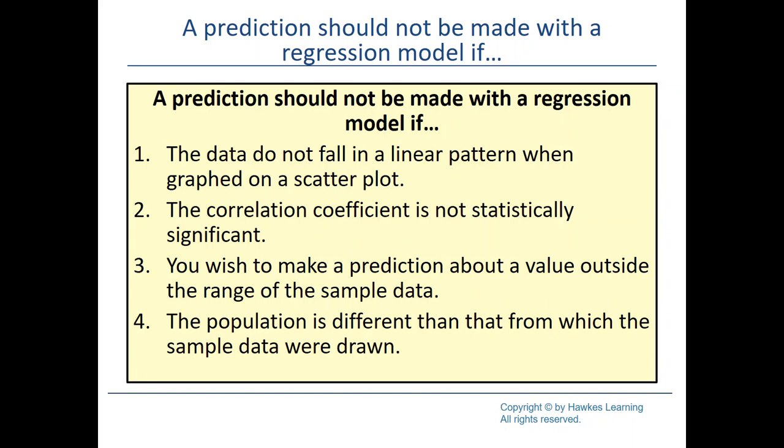If it is not statistically significant, then there's basically no model to begin with. 3, you wish to make a prediction about a value that's outside the range of our sample data. I cannot use that model to predict anything outside of my model range. It's not going to be perfect. And 4, the population is different from that from which the sample is drawn, okay? Meaning that you took a biased sample in the first place.